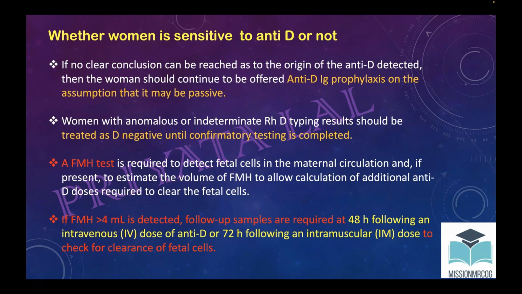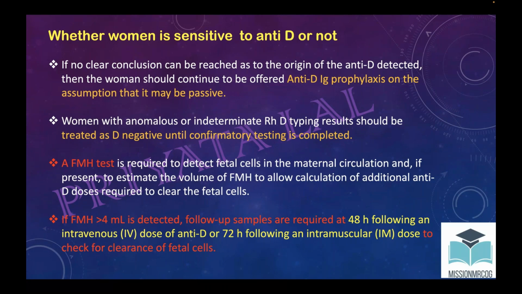And if NTD has to be given and the Rh typing of the patient is not confirmed, then the patient is to be treated as negative unless confirmation is done. The FMH test is usually done to detect fetal cells in the maternal circulation, because whatever NTD we are offering, if it is not able to neutralize, then an additional dose would be given.